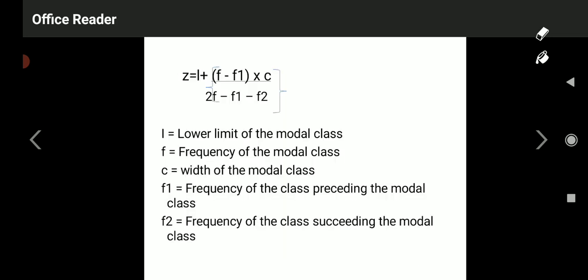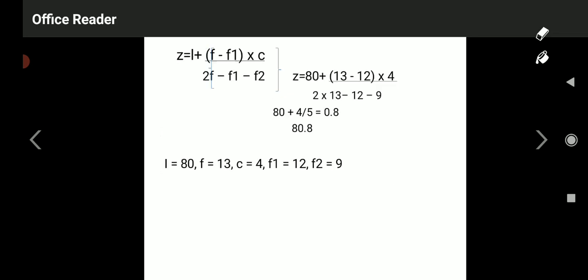Hope you understood. These things you have to understand for the calculation of the histogram. Now look at the calculation. Again, I have mentioned the same equation. Z is equal to L plus [(f minus f1) into c divided by (2f minus f1 minus f2)].